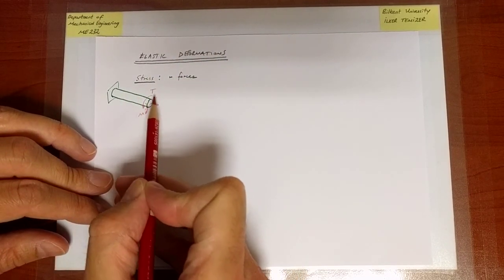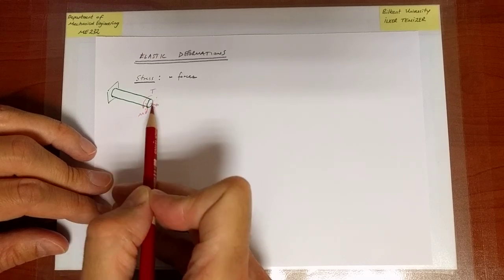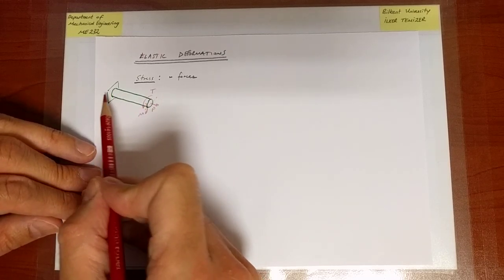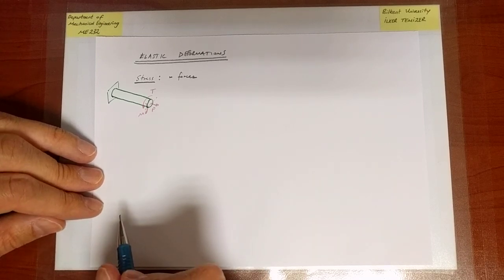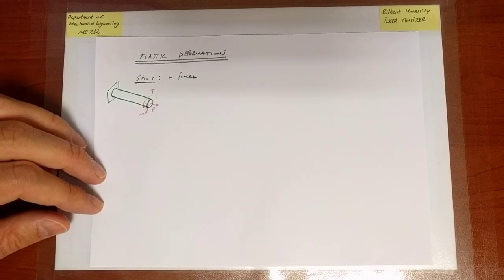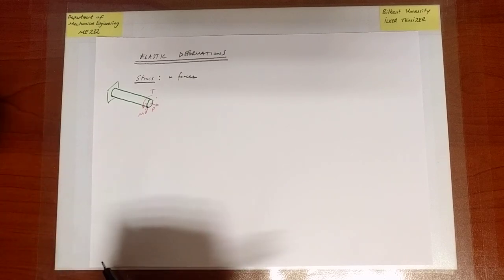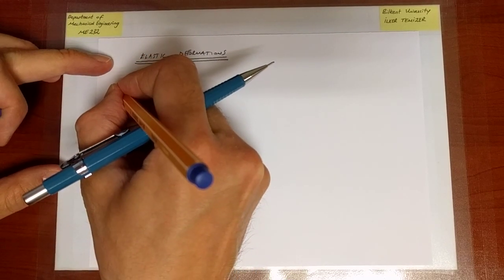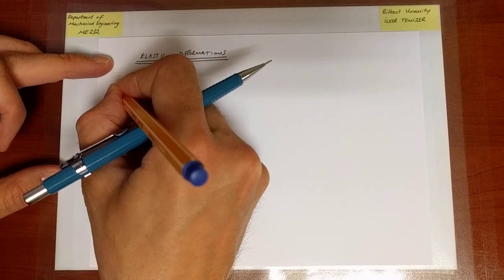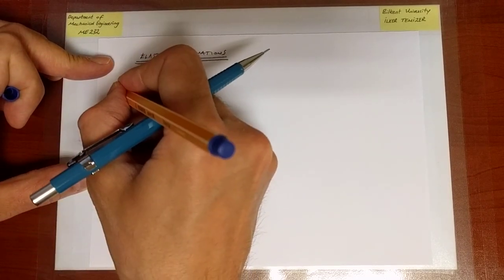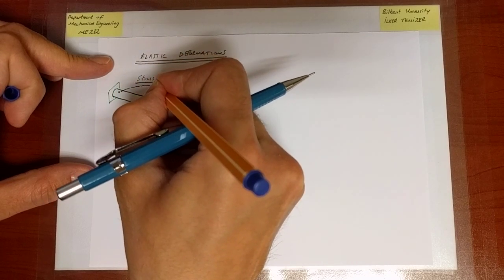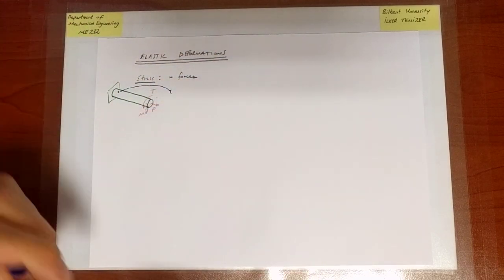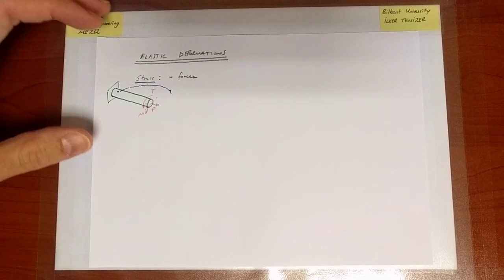And the application of this loading will ultimately cause different states of stress at different points within the structure. And what we are interested in is to express the stress at an arbitrary point of the structure, let's say that point. So I'd like to write down or depict the state of stress at that point in the structure.